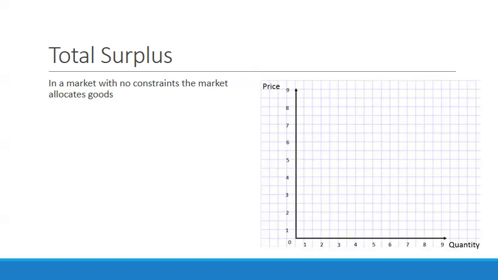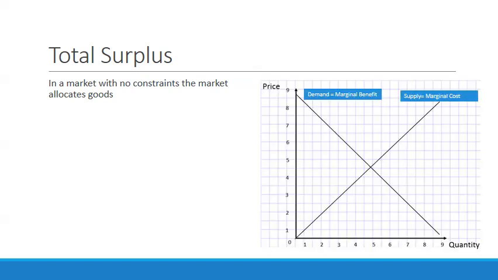Okay, let's look at total surplus. So in a market with no constraints, the market allocates goods, and we can see, bringing up our demand and supply curves, where our equilibrium is, to the consumers who value them the greatest.